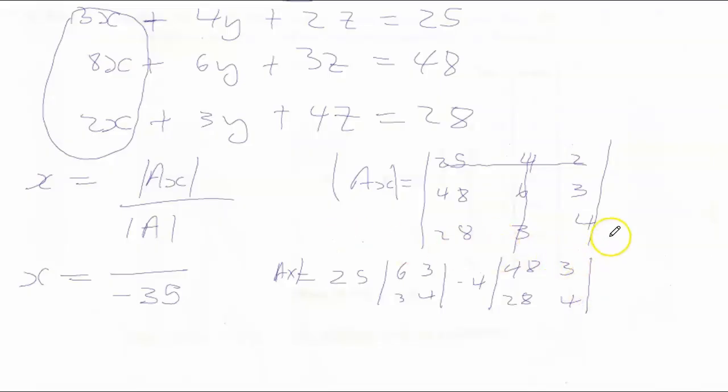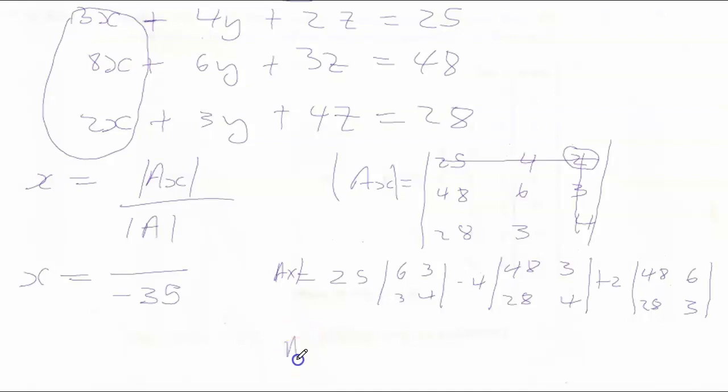And then the next element in the top row is 2, and the cofactor of 2, cross out the row and the column that the 2 is in, so you're left with 48, 6, 28, 3.